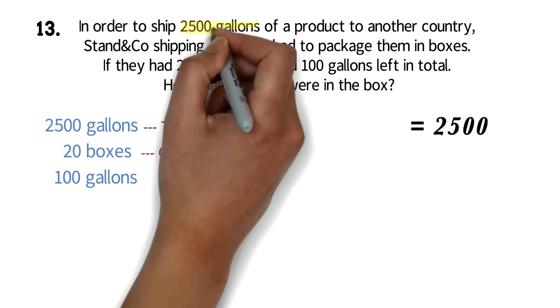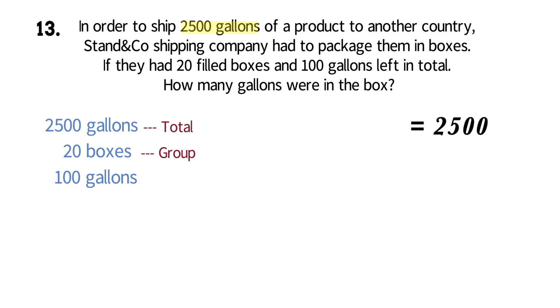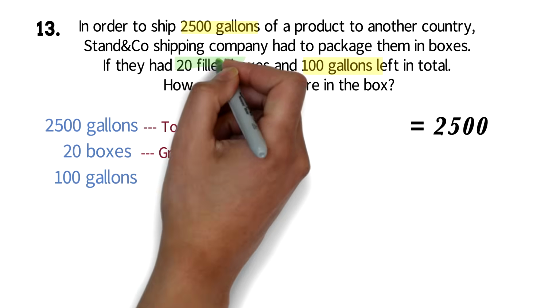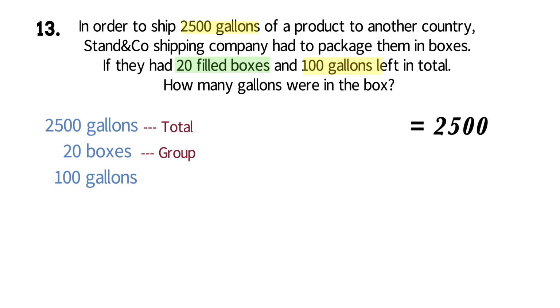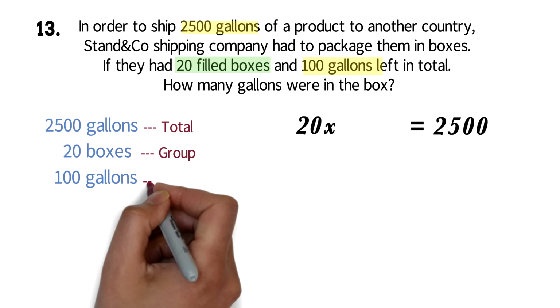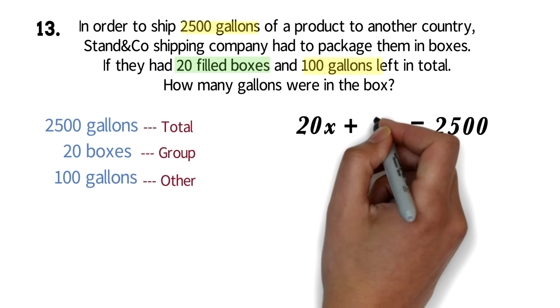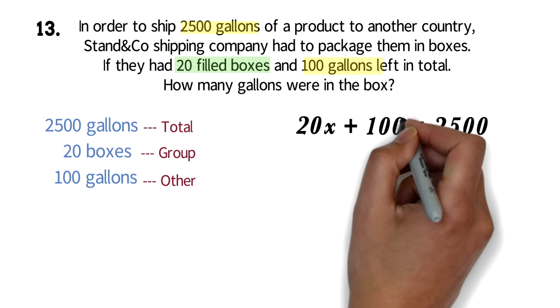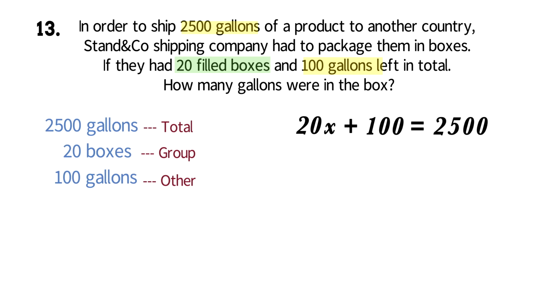So here, 2,500 represents gallons. The 100 also represents gallons. But the 20 represents boxes. So the 20 will be the group. The group is the one with the x. So we will have 20x. We can add the 100 gallons left to the equation and solve for the x in this two-step equation.